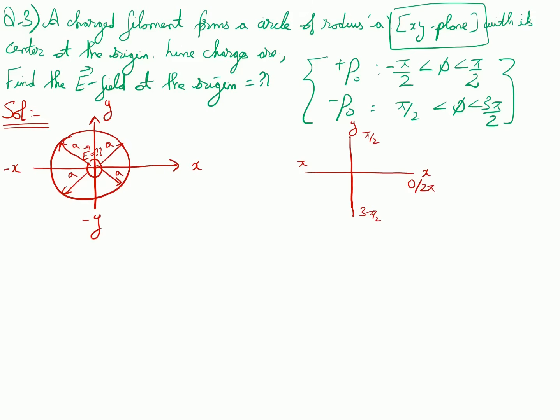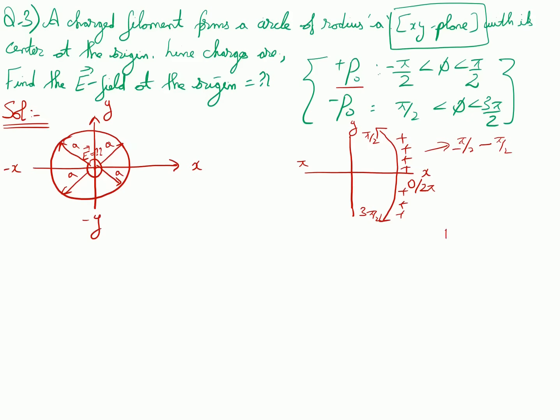So if I want to first find the value of positive charges, this is between minus pi by 2 and pi by 2. This means that my positive charge is lying in this plane, covering all the positive charges from negative pi by 2 to pi by 2.